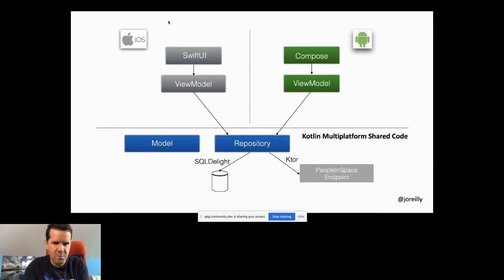And we may not get a chance to cover it today, but if you're adding persistence, then we typically have something like SQLite, which allows you to persist in a multi-platform way. iOS and Android both use SQLite databases. So SQLite is a multi-platform library that runs on those platforms and other platforms as well. And then obviously, on Android and iOS, we're using Jetpack Compose and a standard Android architecture view model on Android. We're using SwiftUI and something akin to a view model on iOS.